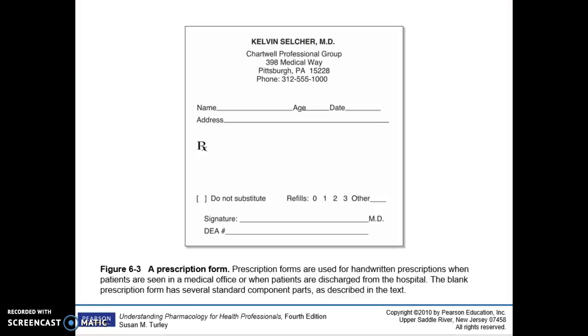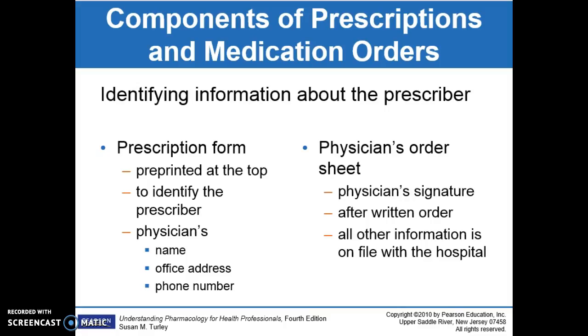Now, this is an example of a prescription form. There are lots of different components on a prescription form that you're going to be looking at. You'll always have the doctor's name, address, phone number, a place for the patient's name, address, the date, whether or not a refill can happen, whether or not they can substitute a generic, a signature for the doctor, and a place for the doctor's DEA.